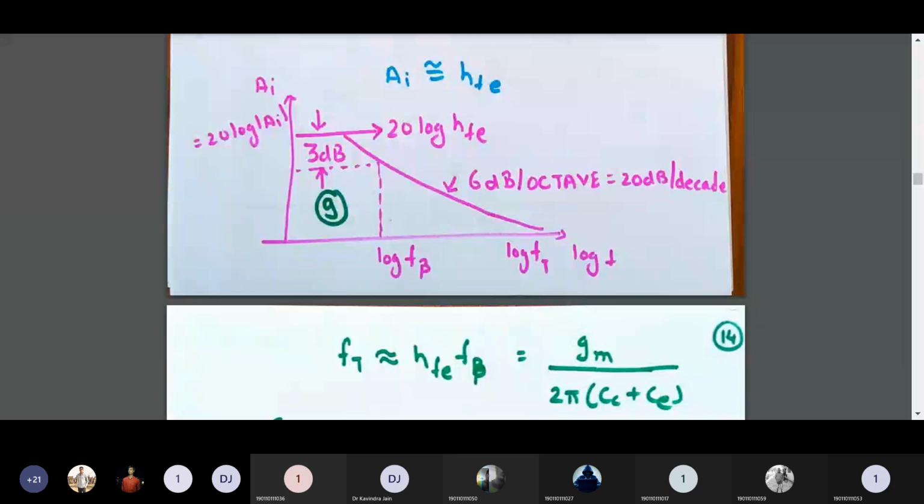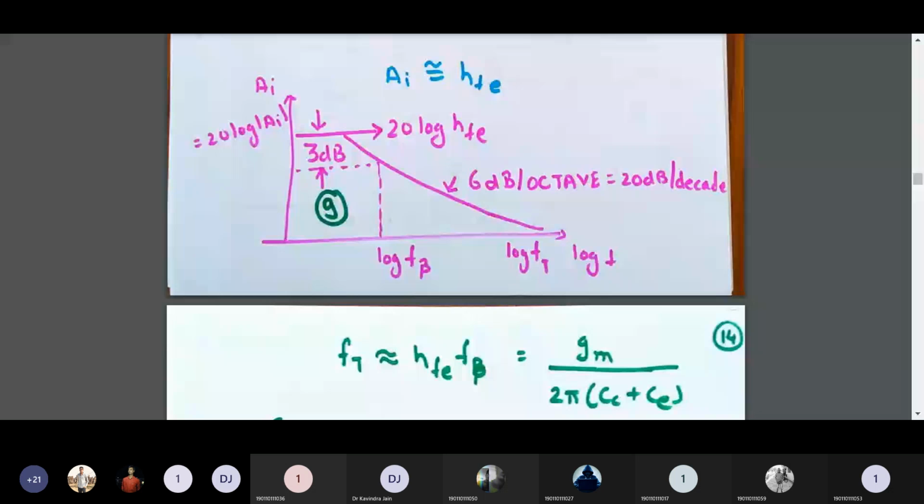fT, as I told, depends on the operating condition of the transistor, and it is also dependent on the output current, that is the collector current. So fT is equal to hFE times f beta. It represents the short circuit current gain bandwidth product.